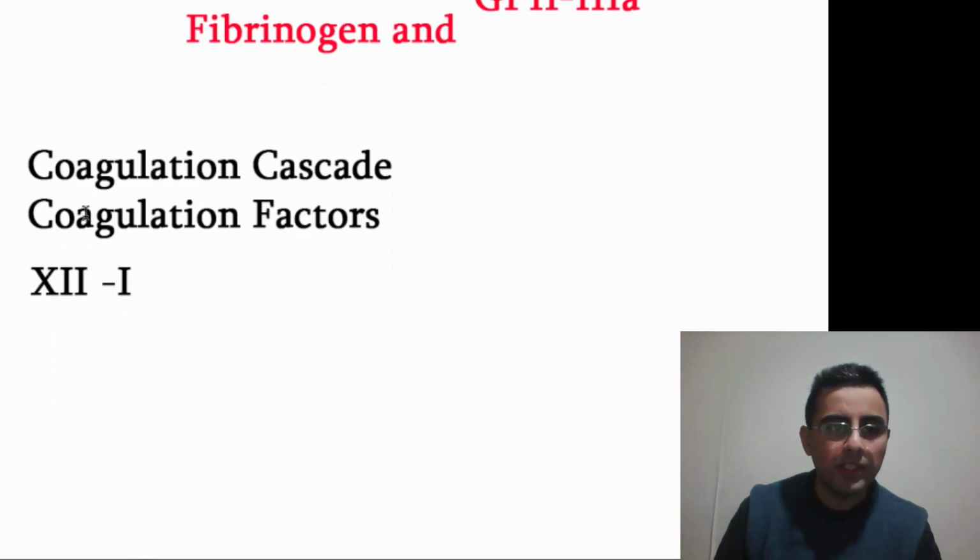There are 2 pathways of the coagulation cascade, extrinsic and intrinsic.